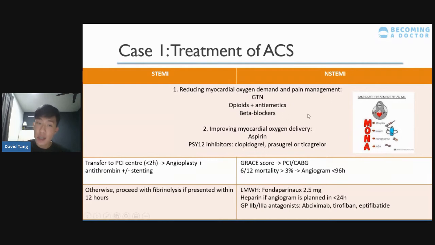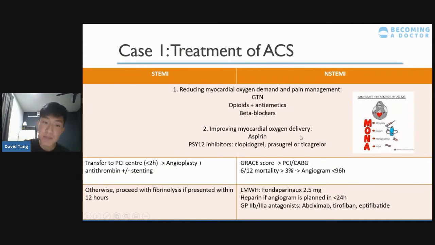And GTN, for obvious reasons, is to dilate the coronaries, and beta blockers reduce the heart rate. When the heart rate is reduced, there's less work for the heart, and less oxygen need. So if you remember the two principles of myocardial infarction: reduce the oxygen demand and improve the oxygen delivery.